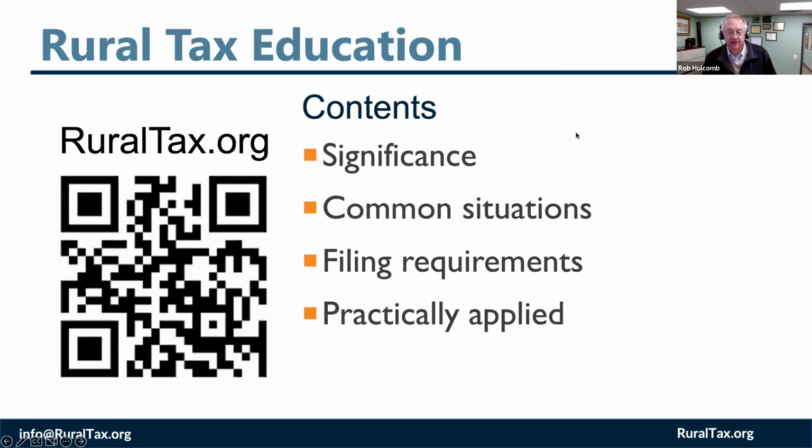A little bit of history on that: the Farmer's Tax Guide actually started out back in 1948 as a North Central Extension publication, and in 1955, IRS took that publication over, and they've been publishing it ever since then.